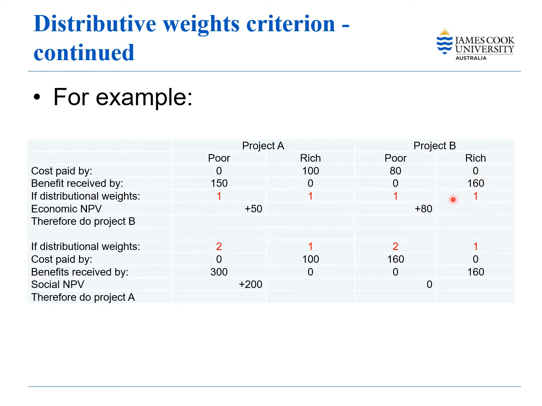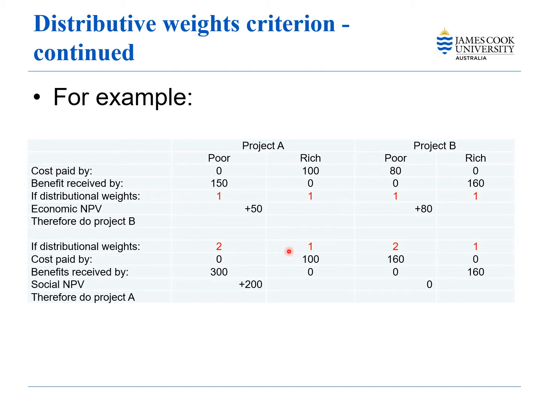Again, we can calculate the net social benefit: $80. So now if we compare A and B, we're going to say that, okay, project B is better than A because it gives a higher level of net social benefit. And this is under the equal weight. Both the poor and the rich are equally important to the society.